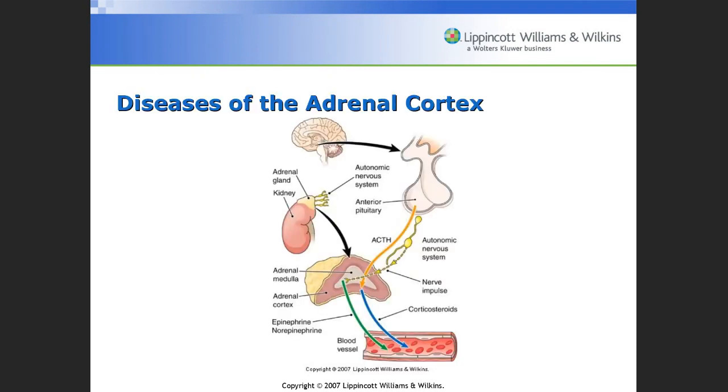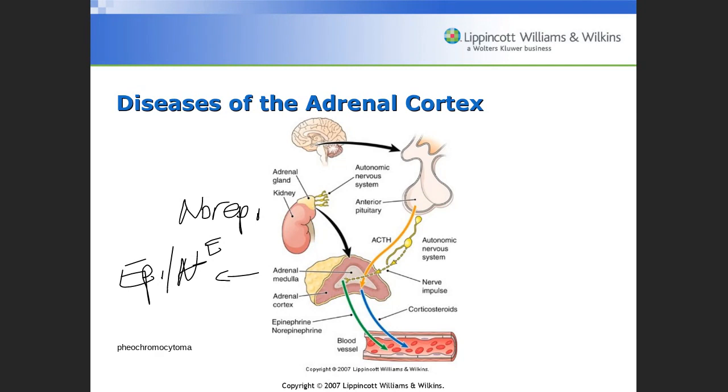Okay, so the adrenal cortex we talked about already. The adrenal medulla secretes epinephrine and norepinephrine. That's neural. A tumor in the adrenal medulla, with epinephrine and norepinephrine, will lead to pheochromocytoma.